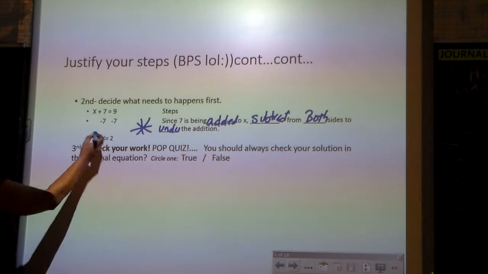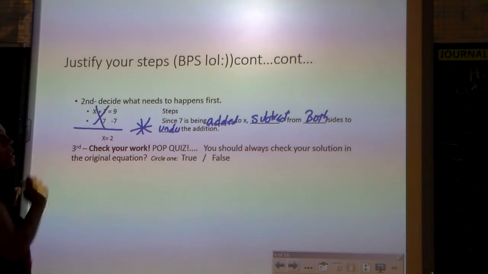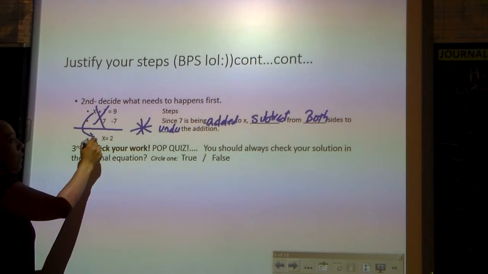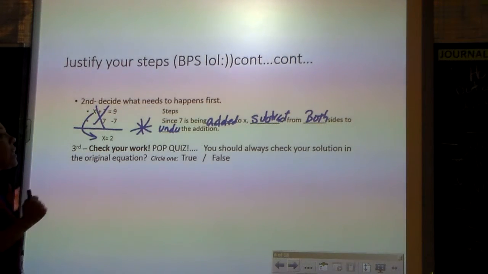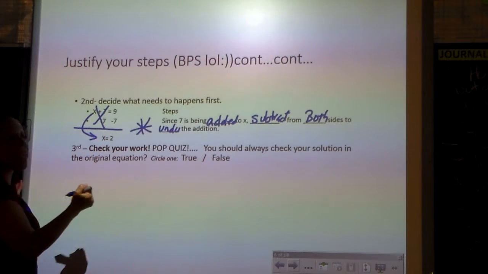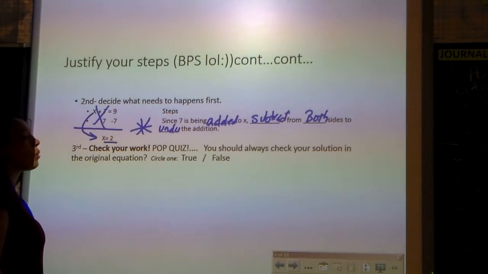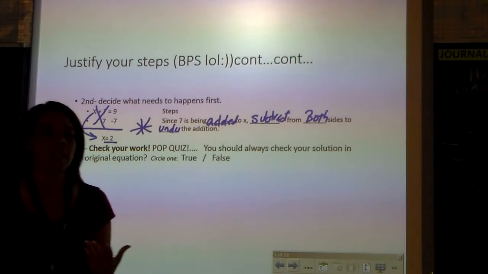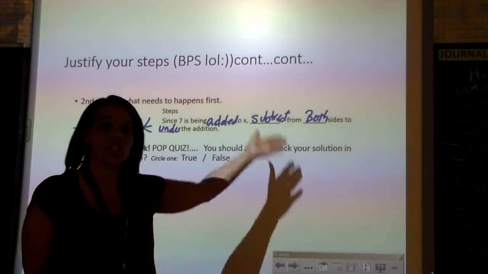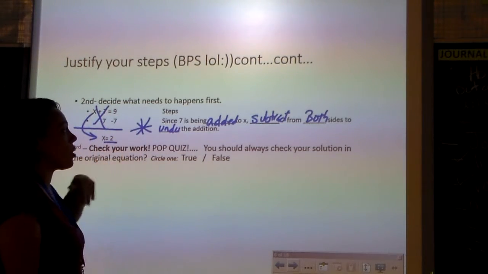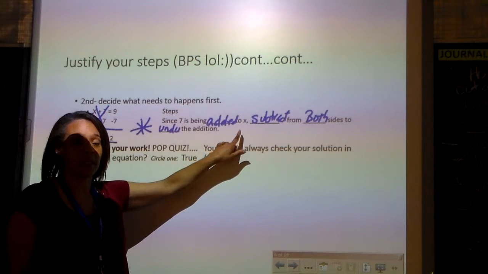So now when I do that, I have undone or canceled out those two 7s, and I'm left only with my variable x. And then on the right hand side, I simply do the math. 9 minus 7 is 2. We already knew 2 is the answer from before, but this shows you with a very simple problem how to do a one-step equation and how to justify your answer.